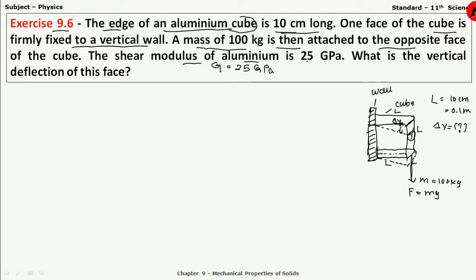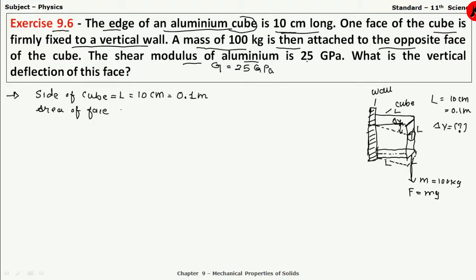Right? So first of all, what is given? Let us write down. So we have the side of the cube. The side of the cube is given, which is 10 centimeter, meaning L equal to 10 centimeter, and if I convert to meter, then it becomes 0.1 meter. Right? And from the length I can easily find the area of face 1.